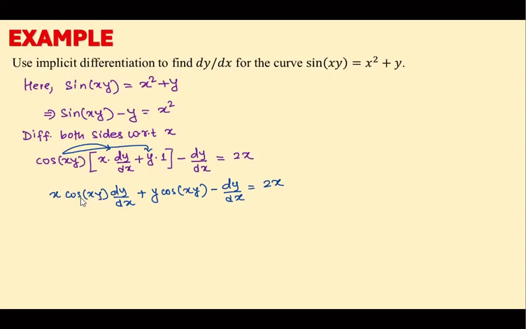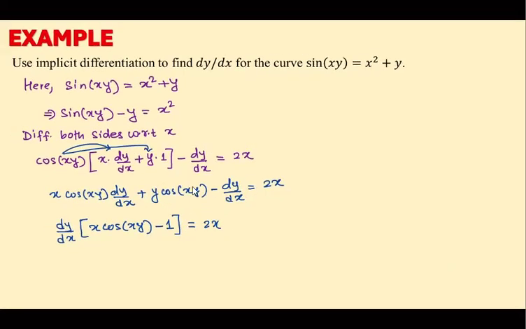Now from the first term and the third term, I can factor dy over dx out. So from the first we are left with x cosine xy, and from the third, if we factor dy over dx out, it will be negative 1. Then equal to, on the right-hand side, we already have 2x.